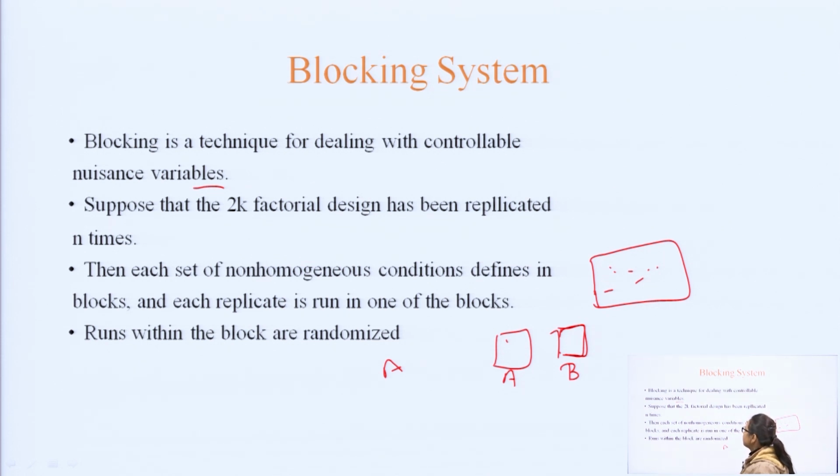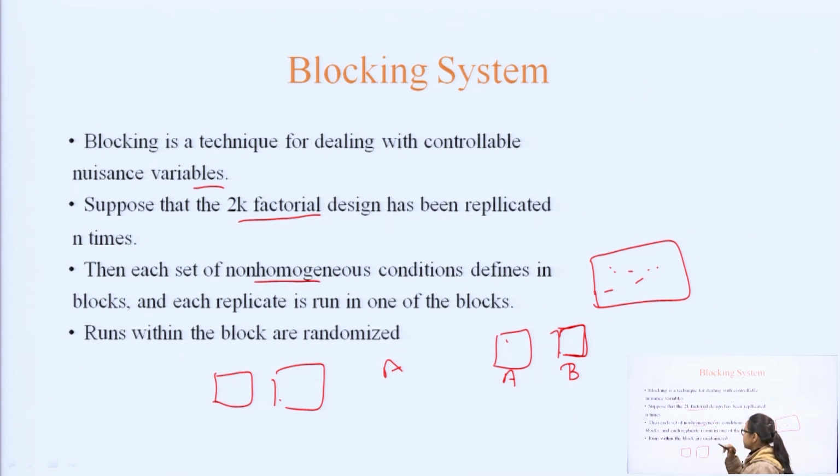Suppose that the 2^k factorial design has been replicated n times. The 2^k factorial designs you have already read in your previous units. Then each set of non-homogeneous conditions divides into blocks and each replicate is run in one of the blocks. It means there are different blocks and each set of non-homogeneous conditions.